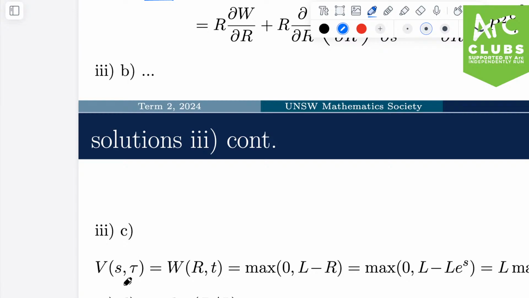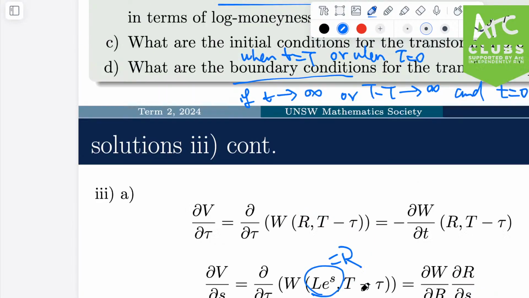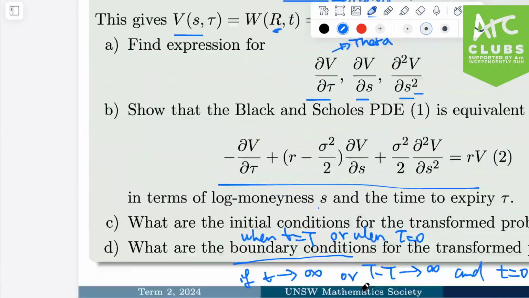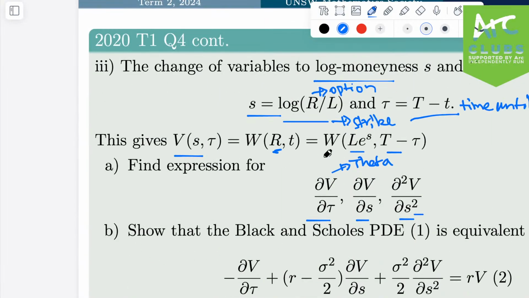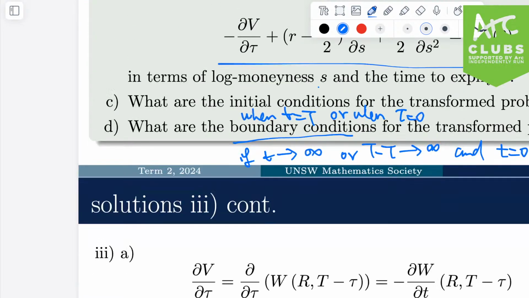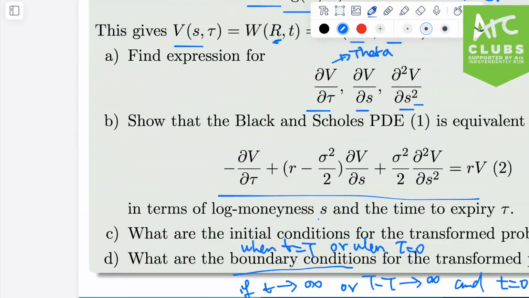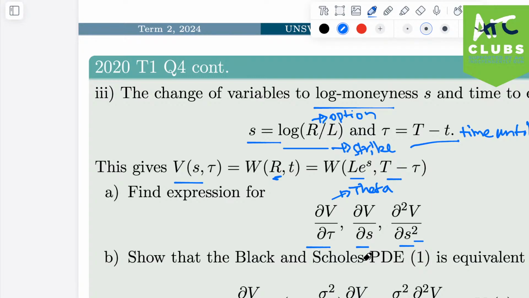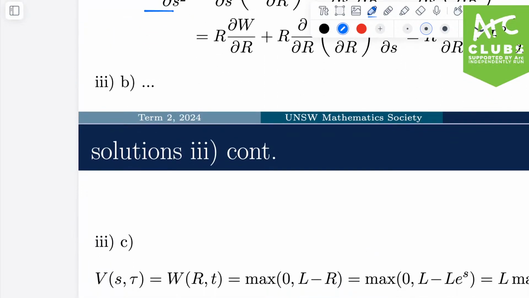And I guess it doesn't really change anything, because at the end of the day, the maximum payoff, so the value of the put option, is still going to be 0, or your strike price minus R, right? But we just don't want to look at R here, we want to look at S. So S is equal to log of R over L, right? So R is actually just exponential of S.